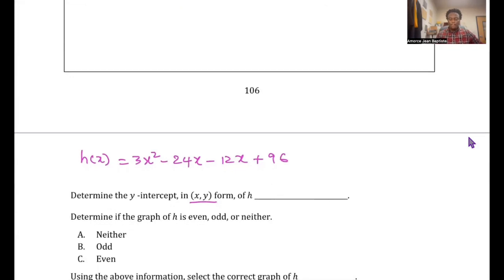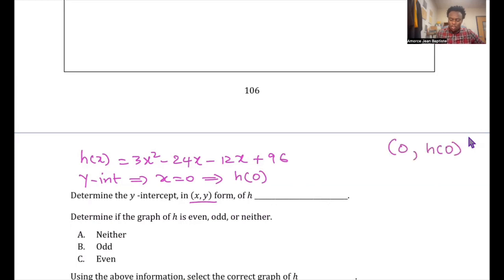Now, to find the y-intercept: the y-intercept is when x equals 0. So you can find h of 0, and that would be the y-intercept in (x, y) format.